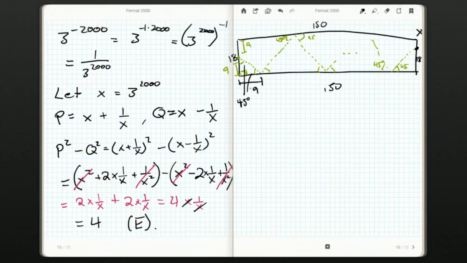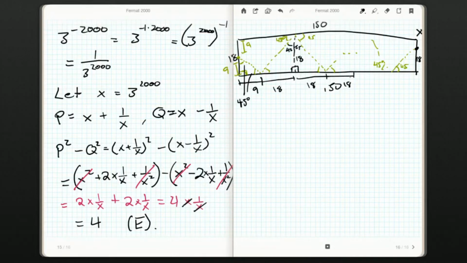So we have a distance of 9 here. And how about this one right here? Well, we have a giant triangle right here, but we can break it up into two triangles of height 18, with interior angles of 45, so we're also going to get 45. And so then he'll walk another 18, and another 18, and another 18.